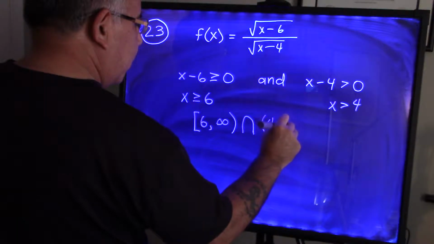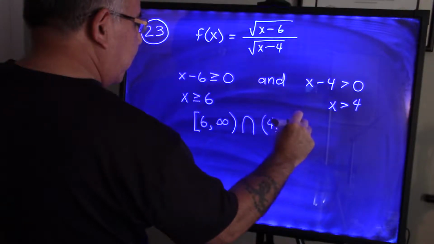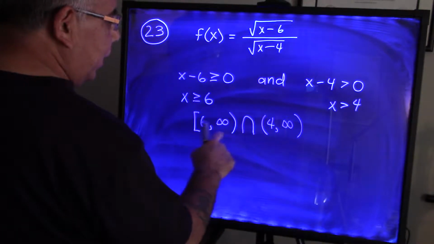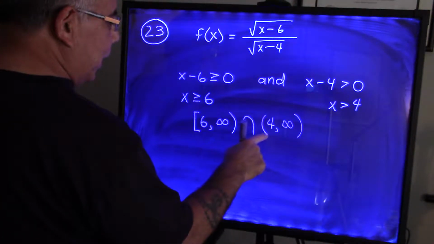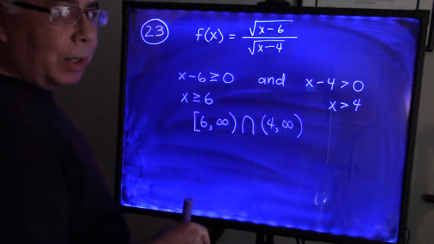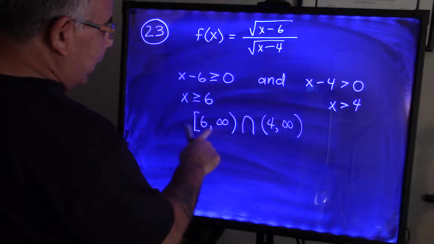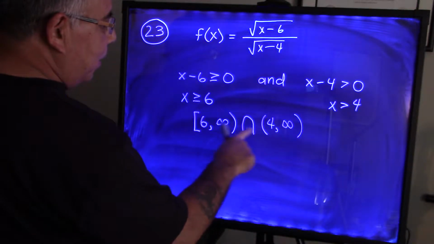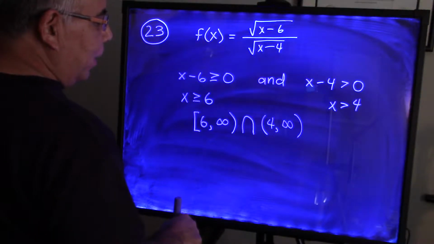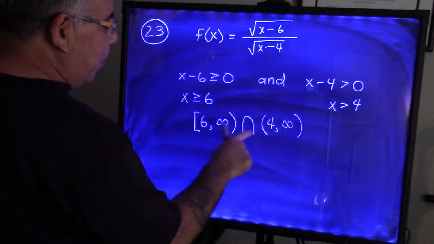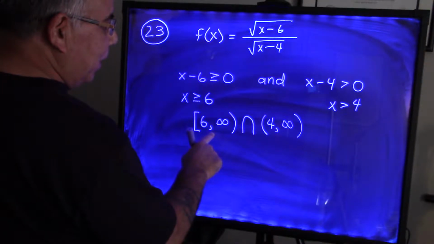4 to infinity. So this is equal to, when you take the intersection, what do they both have in common? Well, 4 is to the left of 6 on the number line. So everything in this domain here is going to be in this as well, all right? Now, not everything in this domain will be in this one, okay?